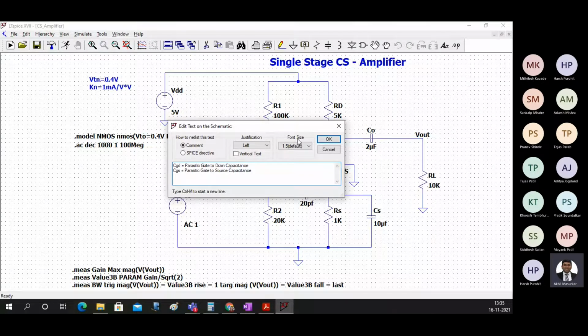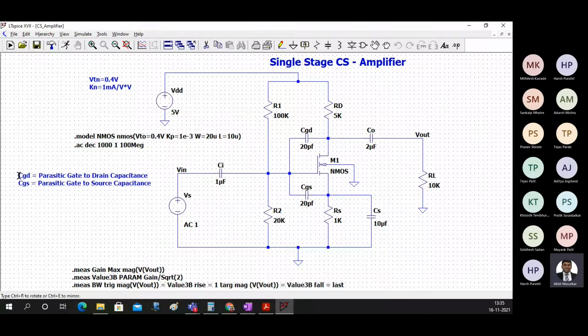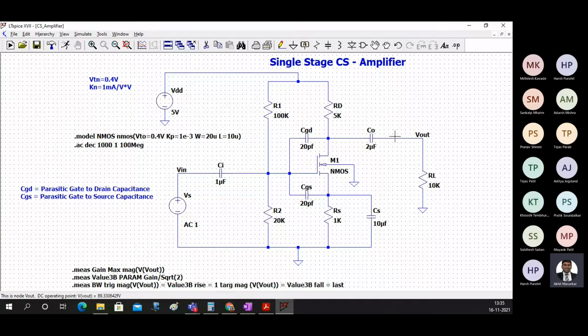They don't affect our values as such, but we'll just note down what they are. So I want you to properly draw this circuit with the heading single stage CS amplifier and post this in the chat box.